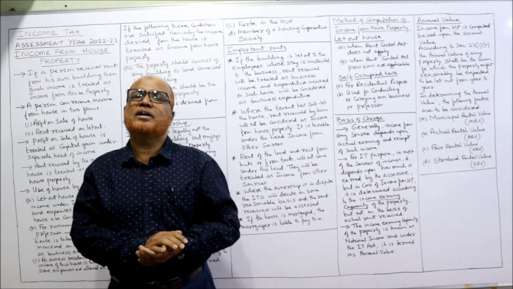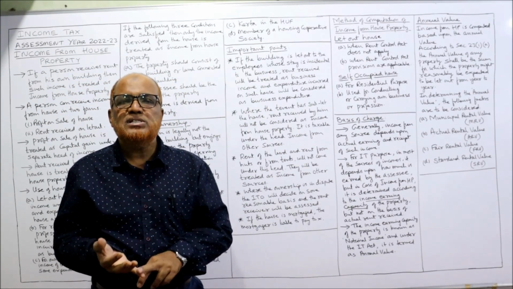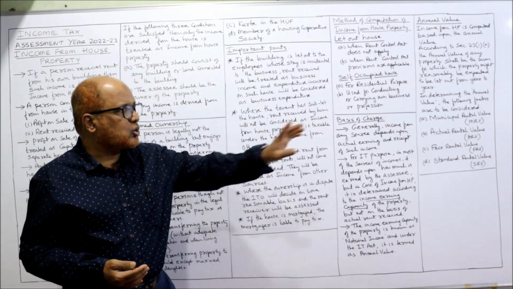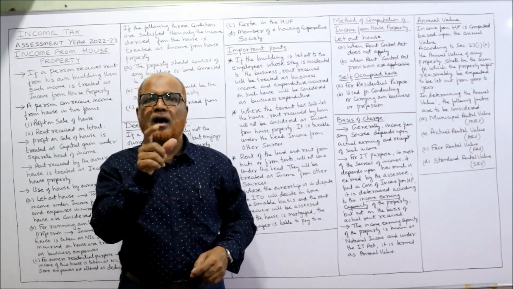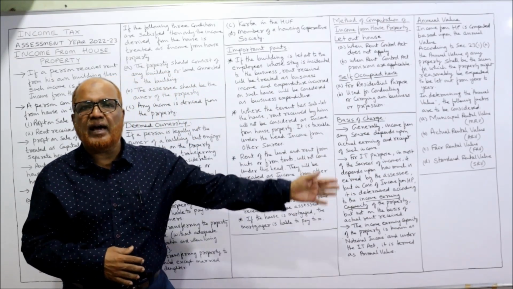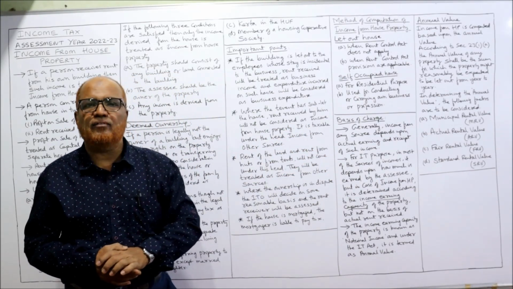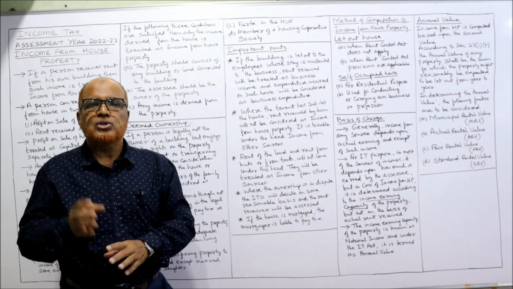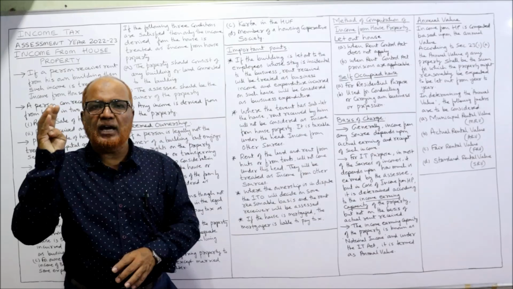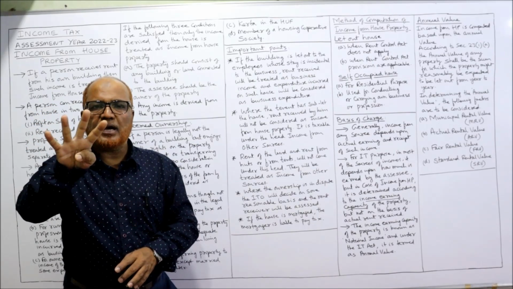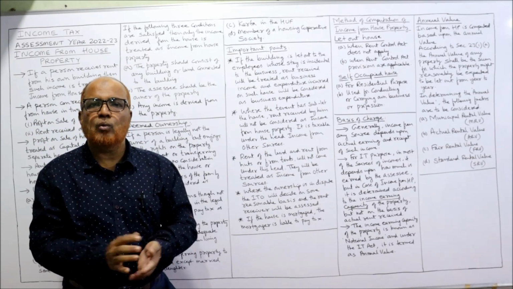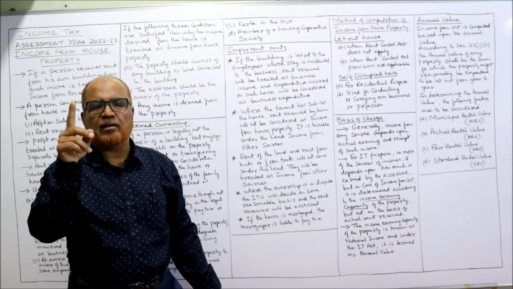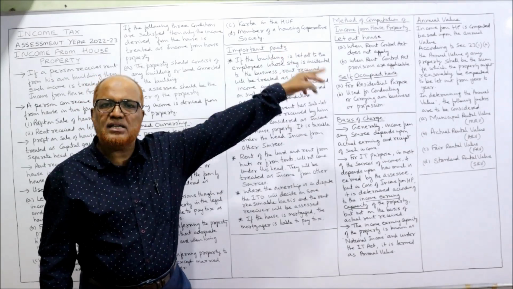The four factors to be considered are municipal rental value (MRV), actual rental value (ARV), fair rental value (FRV), and standard rental value (SRV). So MRV, ARV, FRV, SRV. By considering these four items, we calculate the annual value. The first item to be calculated for computing income from house property is annual value.